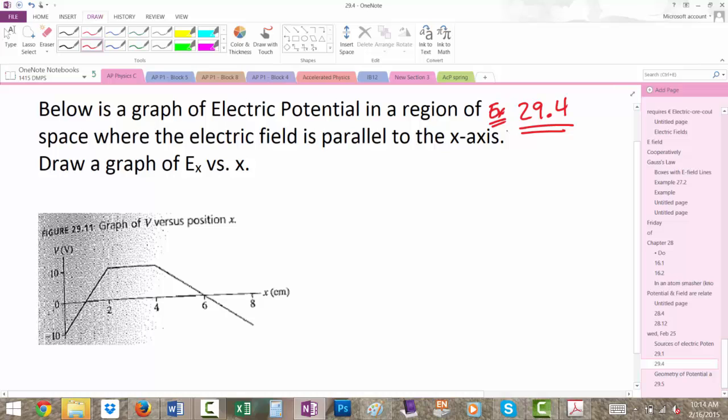Do you need to see any of those numbers? Are they hard to read? A little bit. This one's 10, 0, and negative 10. This is all voltage. The other ones are 2, 4, 6, 8 in centimeters.